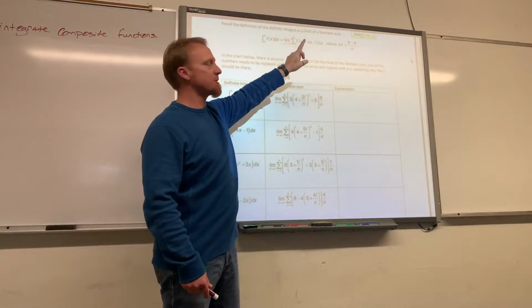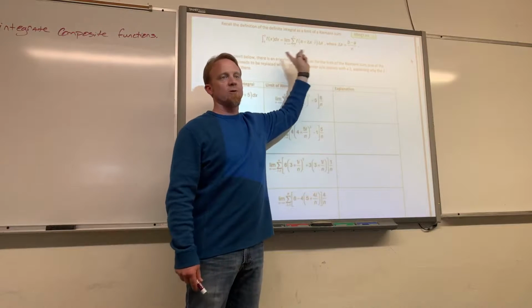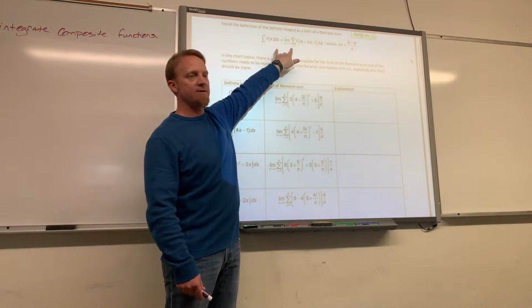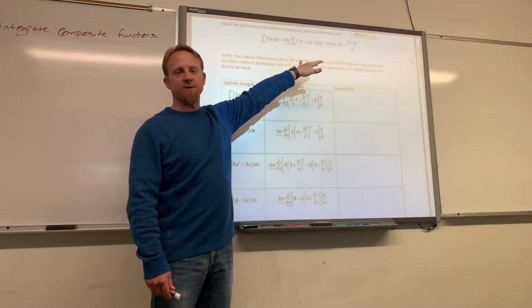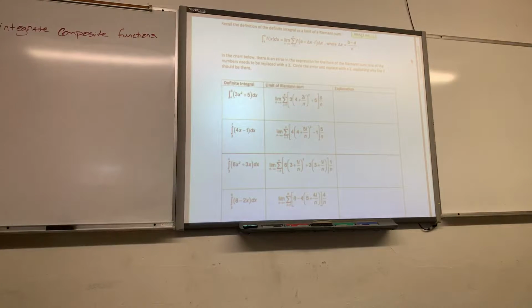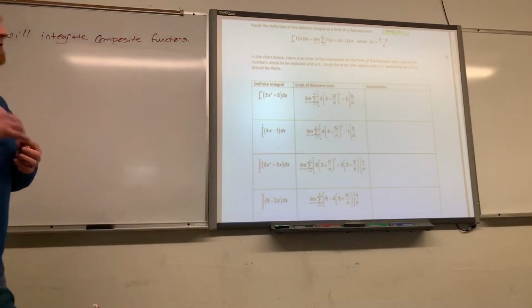If we have time and you're interested, I can show you where that comes from. Right now we're just going to take this as a definition and work from it. Let's see what the key points are that we need to understand.